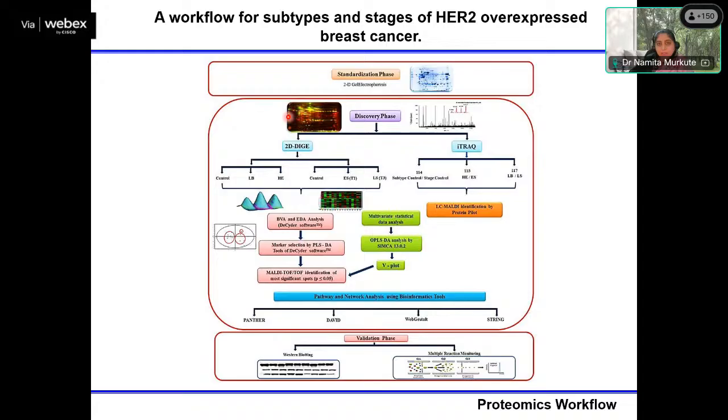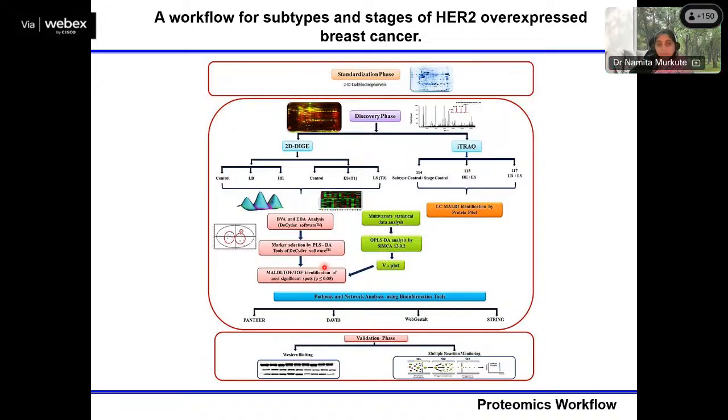And in this gel based, you have to identify these proteins after you are doing all the statistical analysis. But in gel free, or in liquid, you are going to do all statistical analysis after identification.